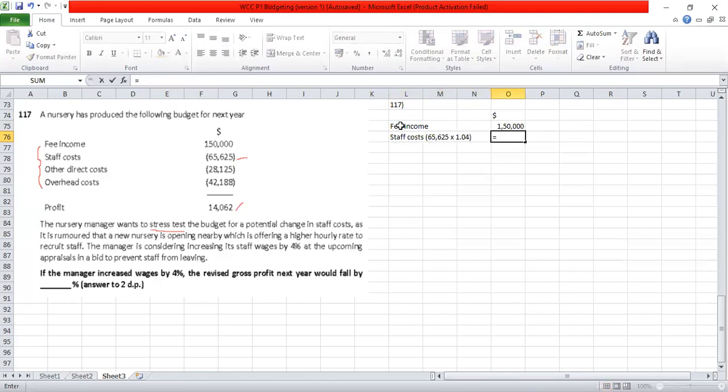That's written as equal to minus 65,625 into 1.04. The rest of them write as they are. Other direct costs, we have it as 28,125. Then we have overhead costs, 42,188.